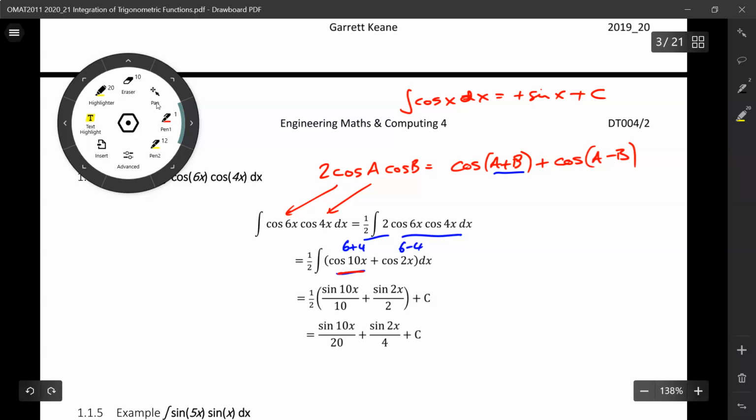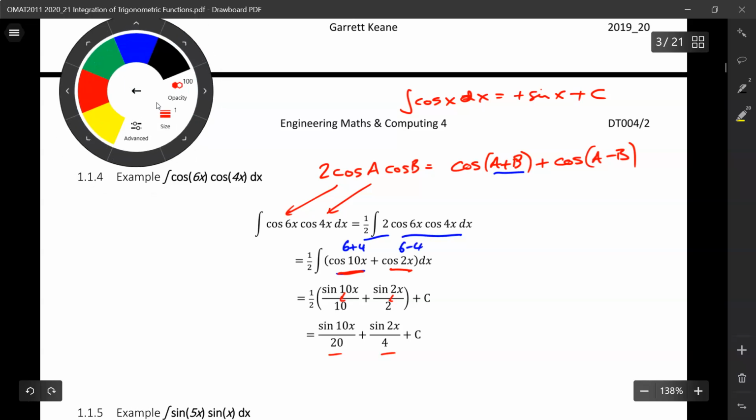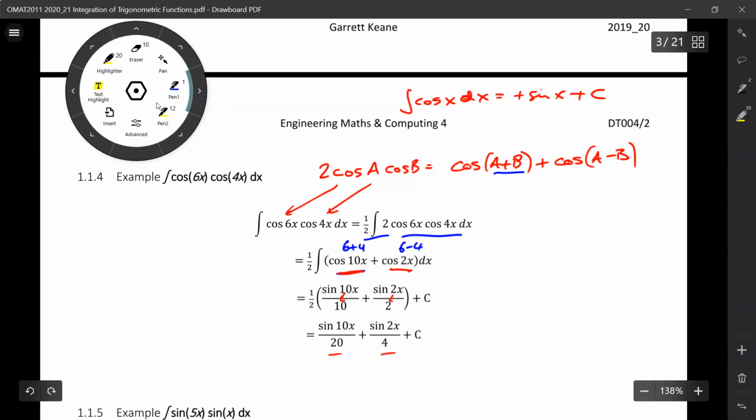So using that rule, the integral of cosine 10x is the sine of 10x divided by the coefficient of x, and the integral of cosine 2x is sine 2x divided by the coefficient of x, which is 2. And then we just bring across and we're dividing by 2 times 10 for 20, and 2 times 2 is 4. So if I come and I just make up another one, and have a go with this one.